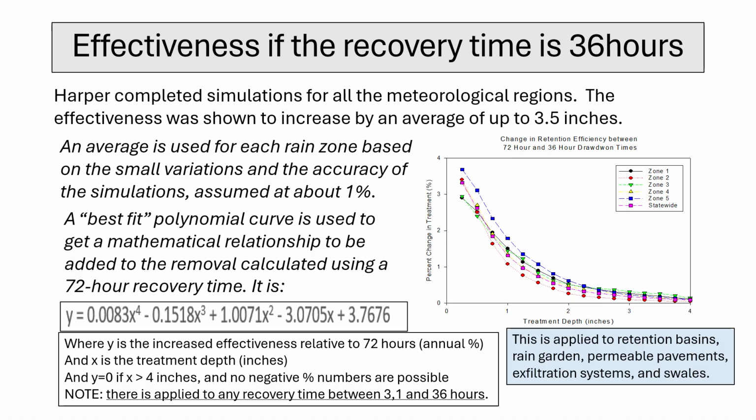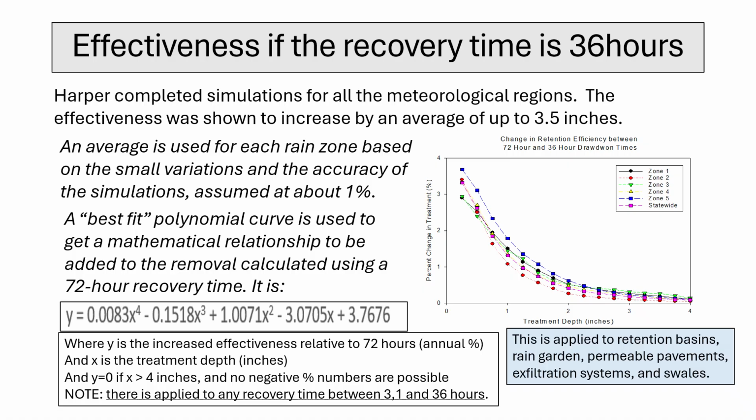For practical application, an average value is used for each rain zone, acknowledging the small variations and the assumed 1% accuracy of these simulations. To integrate this into our calculations, a best-fit polynomial curve has been developed. This curve provides a mathematical relationship to quantify the increased effectiveness when moving from a 72-hour recovery time to a 36-hour recovery time.